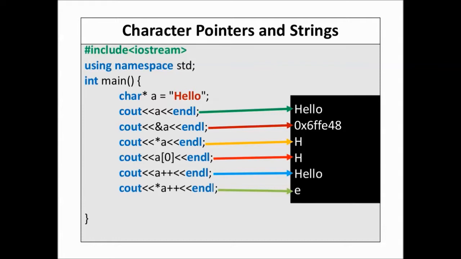And when we write cout *a, then it gives us the first element, that is h, and when we use a in bracket 0, then this points to the first element of this character array, that is h. Then we increment it, it gives us the complete word hello, and when we write cout *a plus plus, then it gives us the next element, that is e.